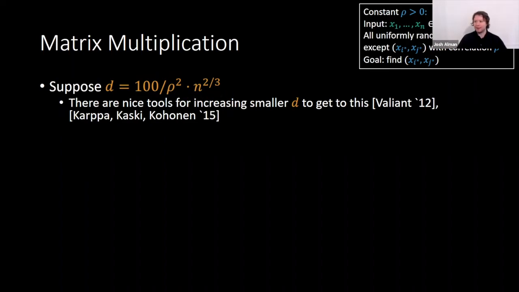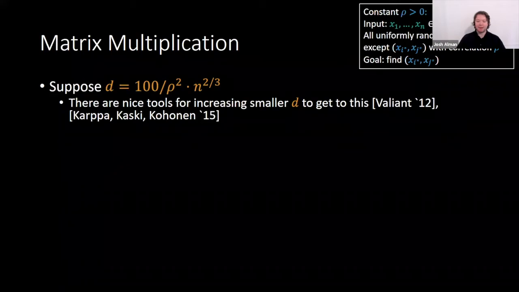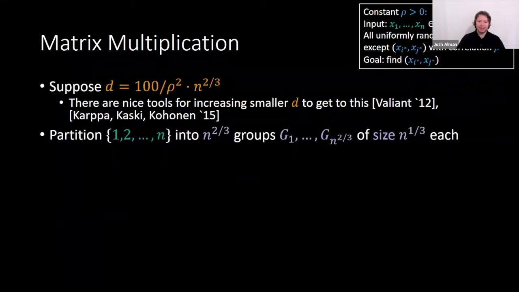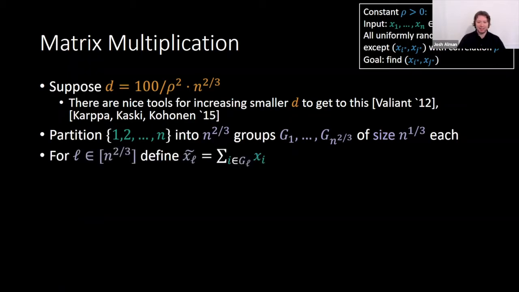So here's what we're going to do. I'm going to start by partitioning the n different input vectors into n to the 2/3 groups of size n to the 1/3 each. And for each group, I'm going to make a single vector. For each group L, I'll make a single vector x tilde L, which is just the sum of all the vectors that have been put into that group.